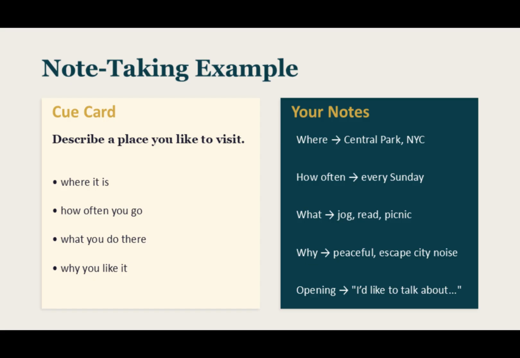How often is every Sunday. What do you do there? You jog, you read, or you have a picnic there. Why do you go there? Because it's peaceful and to escape city noise, maybe. And why do you like it?